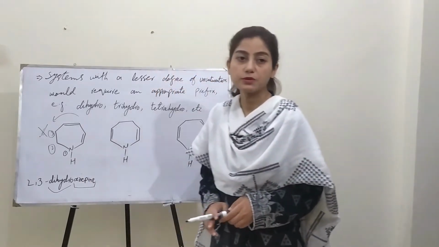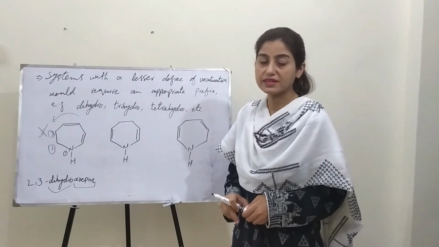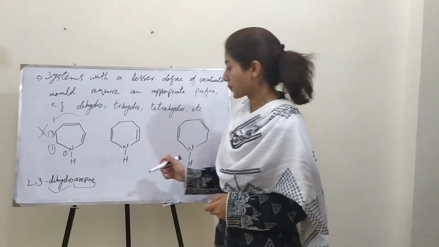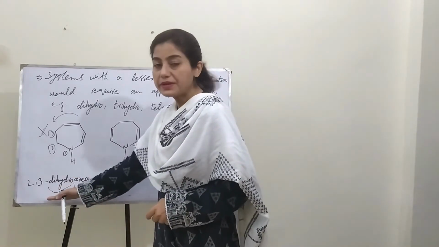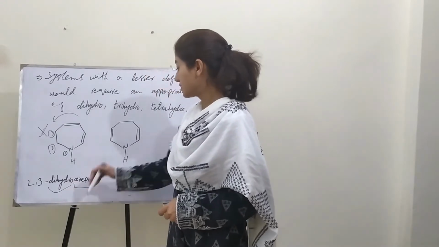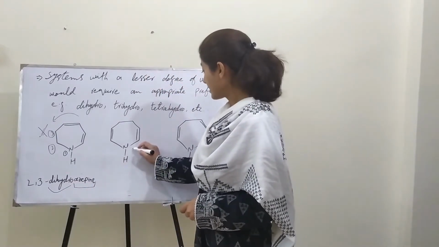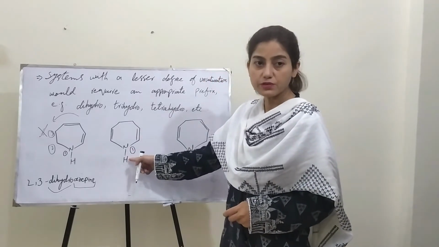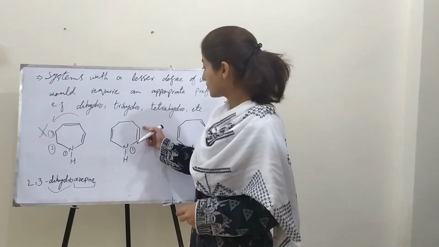That has been taken from the previous video lecture and explained very well. So its complete name would become 2,3-dihydroazepine.